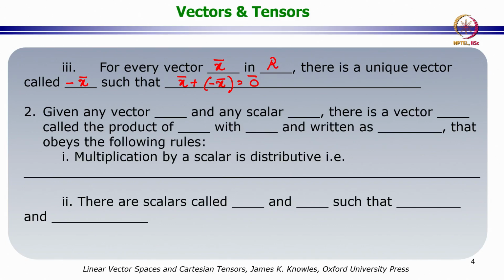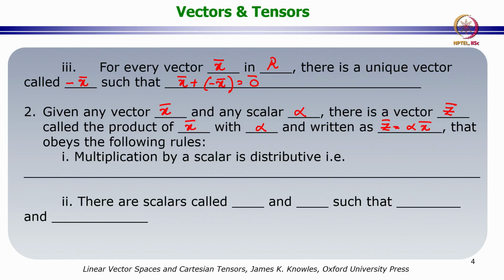Now we are going to do rules of multiplication. So let us say given any vector x, okay, and any scalar alpha, okay. Now there is a vector z that is called the product of this x and alpha. So I am first defining the product of a vector with a scalar basically, and this is written as z is equal to alpha times x bar.